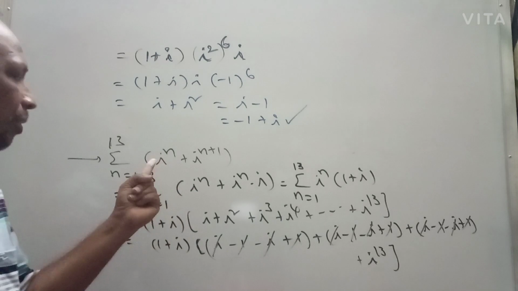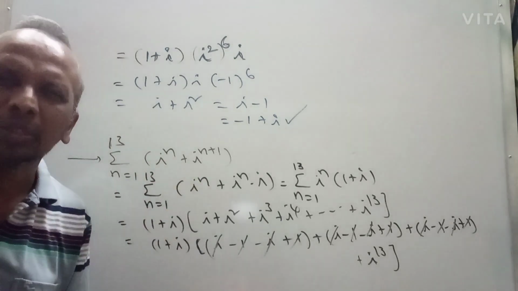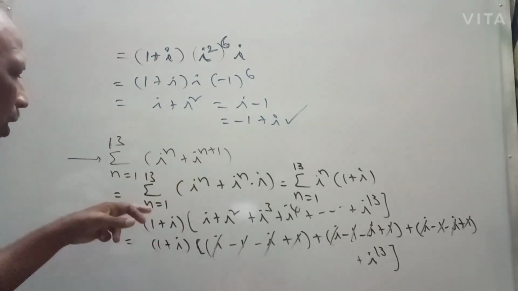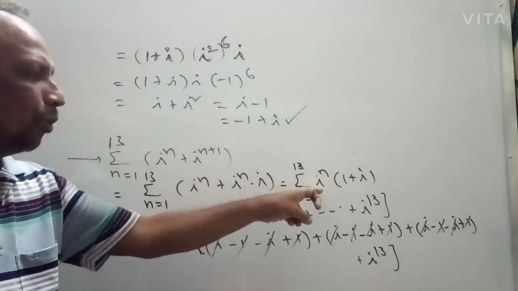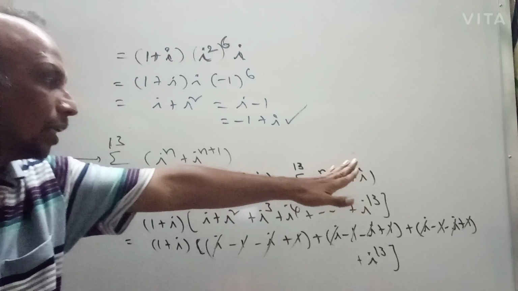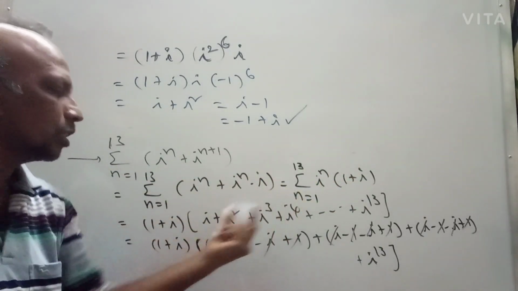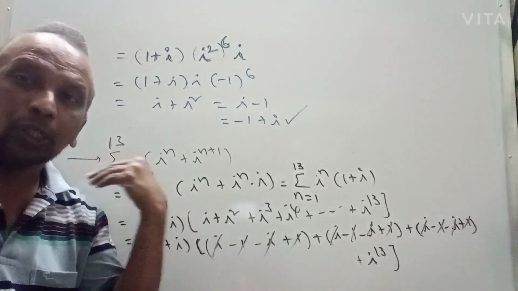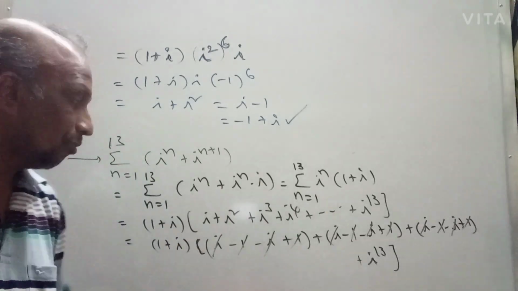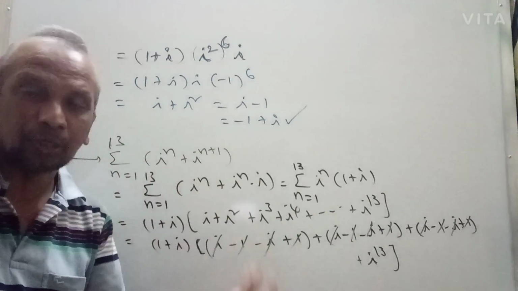I will repeat. Given i power n plus i power n plus 1, just take n from 1 to 13, take i power n common here. i power n into 1 plus i. 1 plus i is the common factor, expand sigma. Always if you are taking consecutive powers of i, the first 4 always give the sum 0.